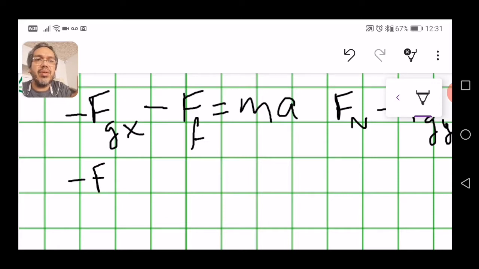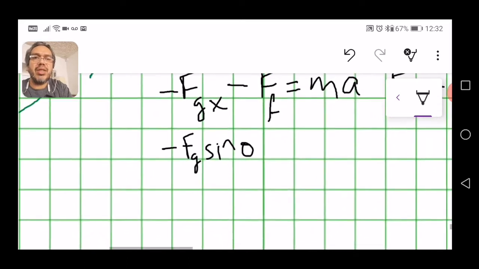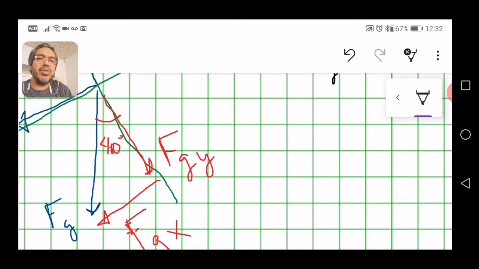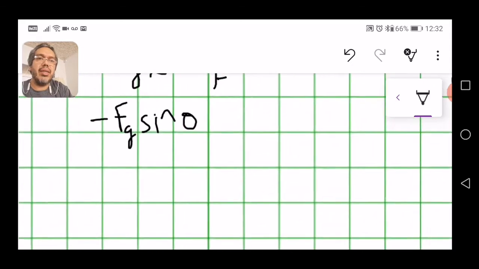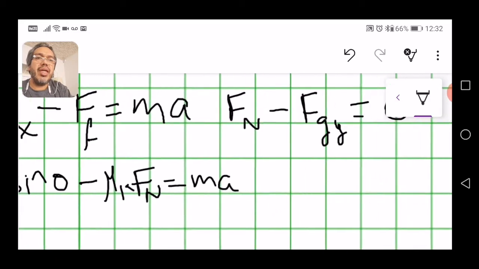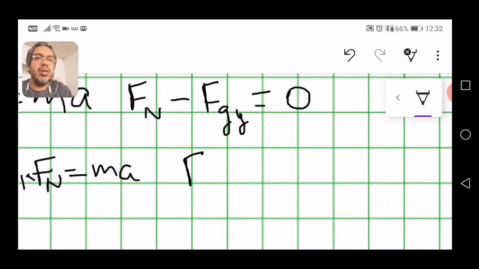The x component of the weight is Fg times the sine of the angle, simply because, as you can see from your triangle, the x component is the opposite to the angle, and opposite leg is sine, minus mu k times the normal force, and that's equal to mass times acceleration. On the other hand, your normal force is equal to your weight times the cosine of the angle.